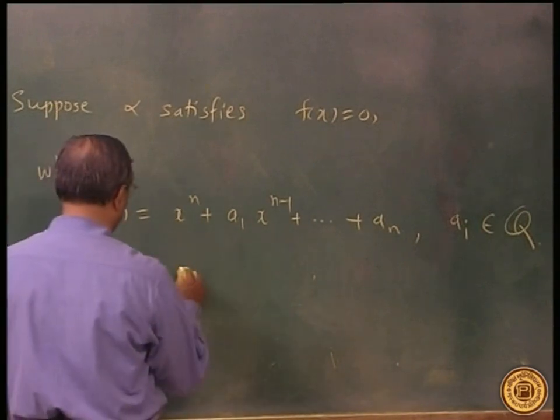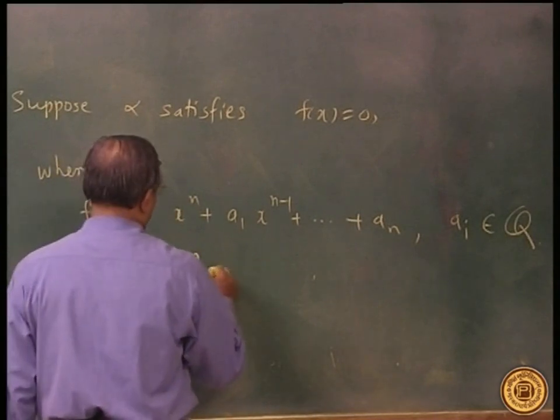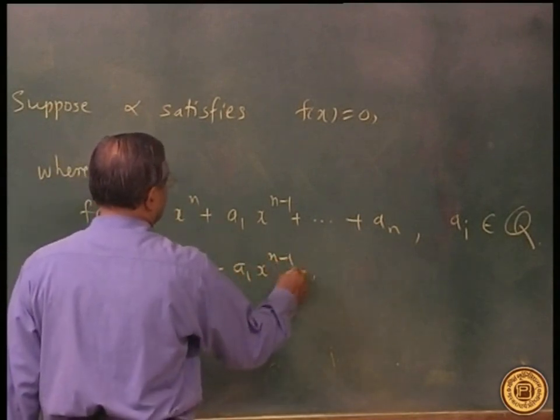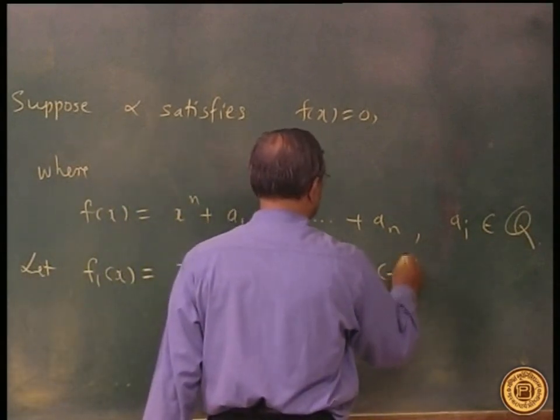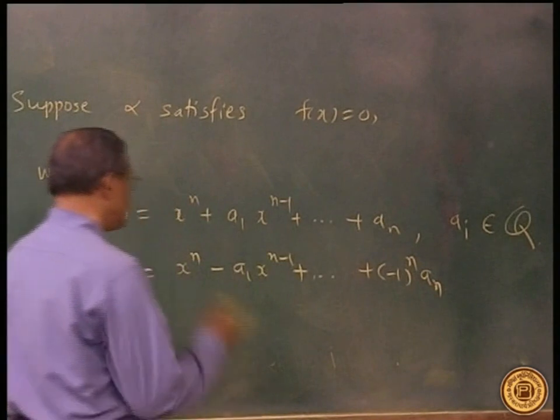So you get the polynomial x raised to n minus a1 x raised to n minus 1 plus and so on plus minus 1 raised to n into an. Consider this polynomial.